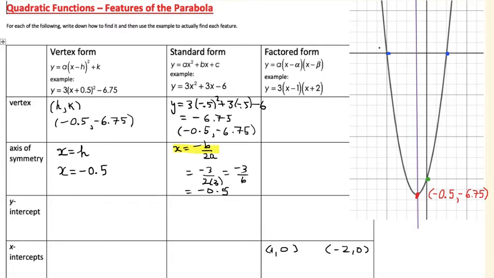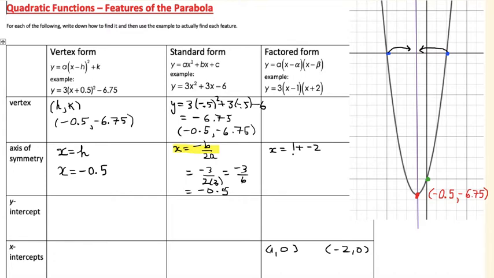Okay, well, the next task is that axis of symmetry. Well, that will just be in the middle. So it's the average of the x-intercepts. So for the axis of symmetry, what we're going to do is average out the x-intercepts.